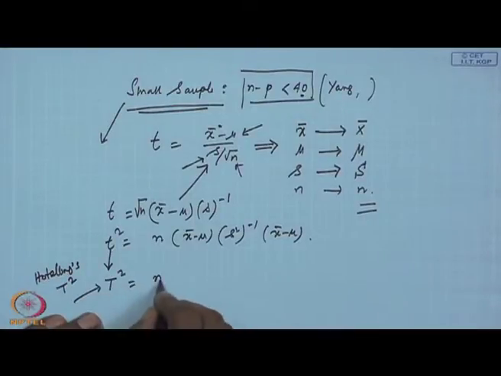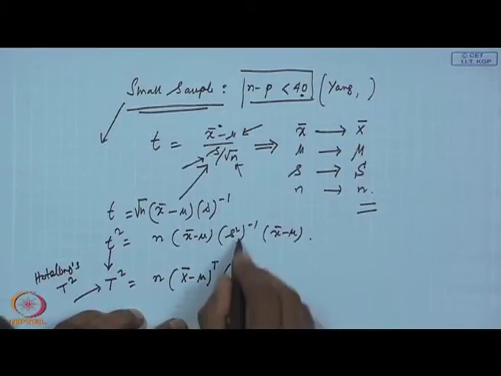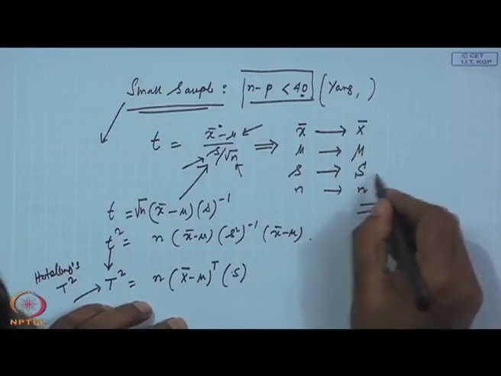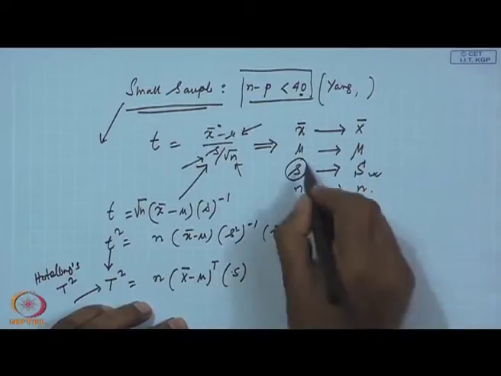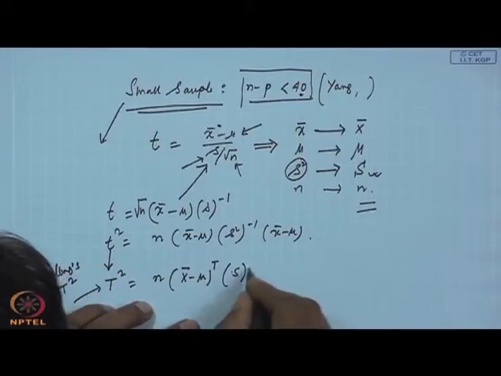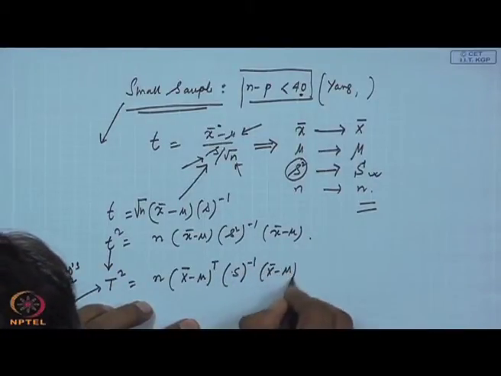This will be written like this: n times x bar minus mu transpose, then S inverse, x bar minus mu. Here capital S is the counterpart of the square in terms of variance.